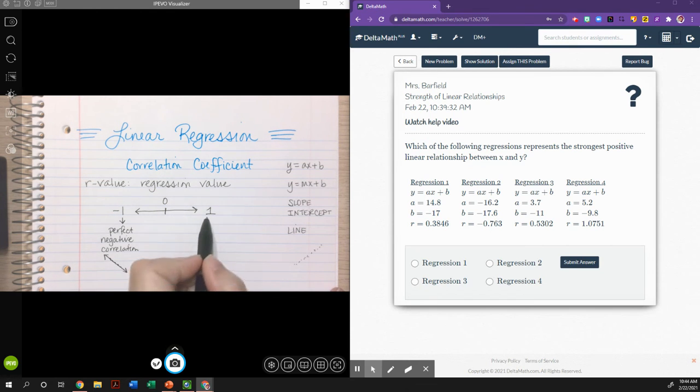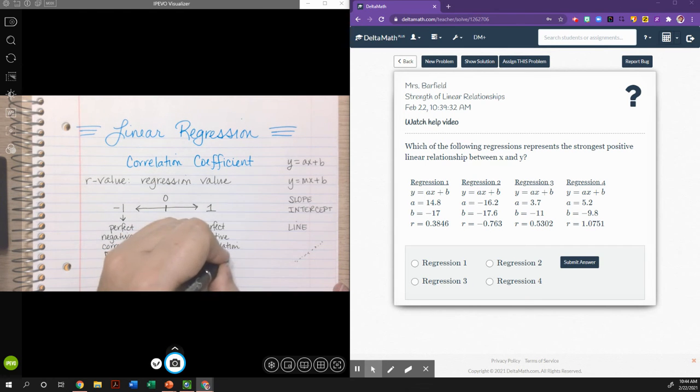If I have positive one for my r value, I have perfect positive correlation. That means my dots would all fall on the line and they'd be going uphill.